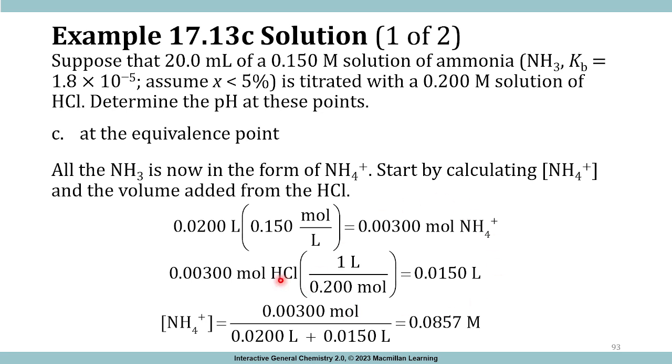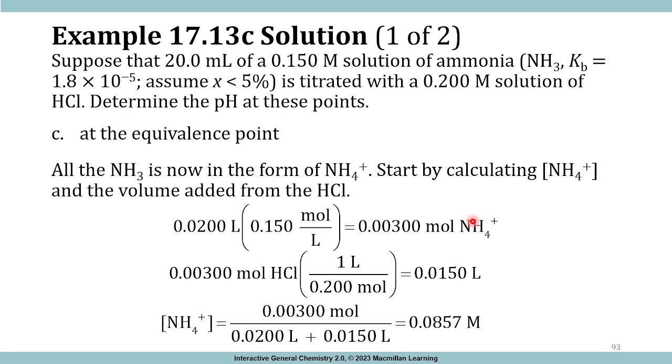And so what's going to happen here is we have the 0.003 moles, right? To neutralize that, to react all of this away, we would need the same moles of HCl. And so we take that number of moles of HCl, we divide it by the molarity, that gives us the volume of HCl we had to have added. Okay?